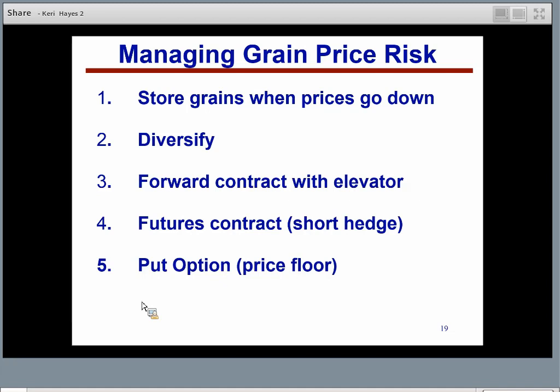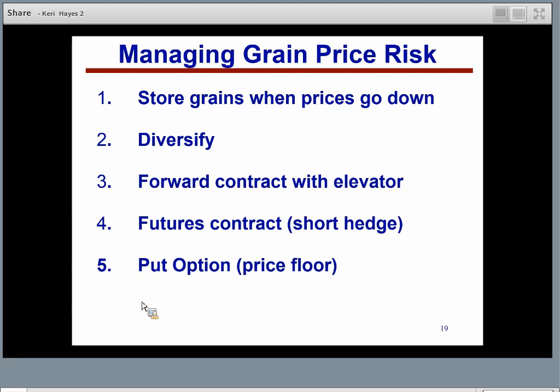Fourth, futures contracts. You can take out what's called a short hedge, which is basically taking a position in the futures market that is betting that prices are going to drop, and even though I use the word betting, it's actually minimizing your risk because you're taking the opposite side of the market that you're on.